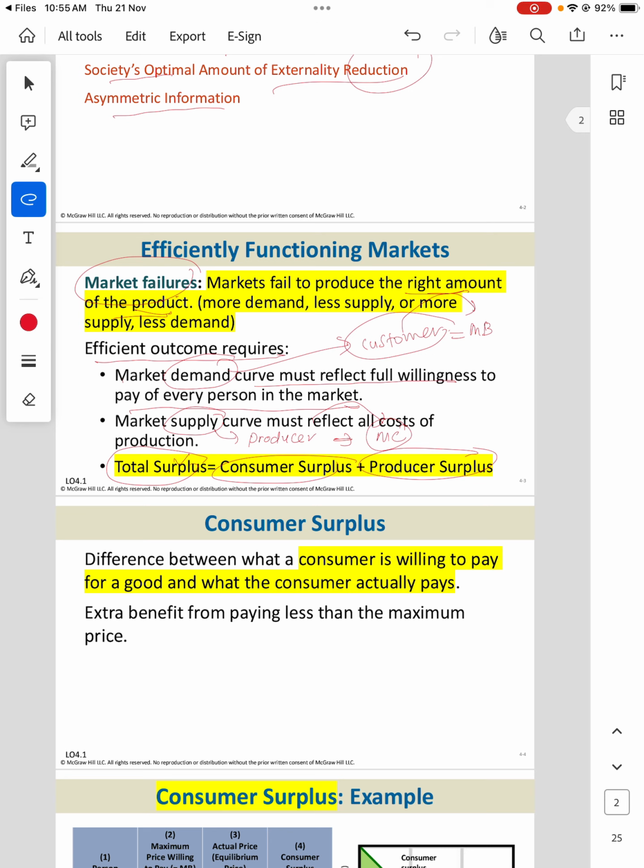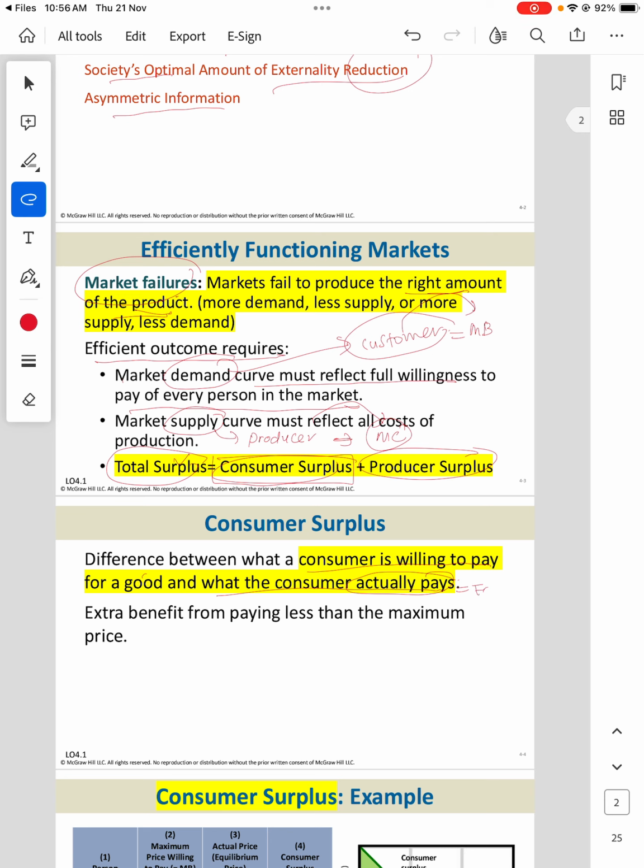What does it mean by consumer surplus? The consumer surplus is the difference between what the consumer is willing to pay for a good and what the consumer actually pays, which is the market equilibrium price.